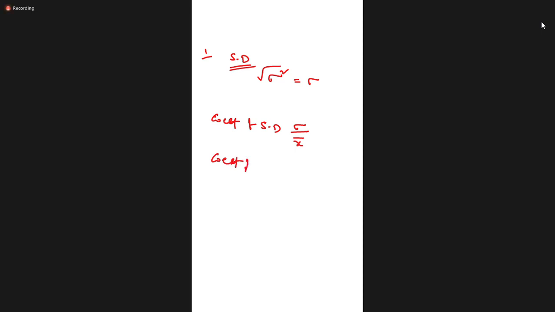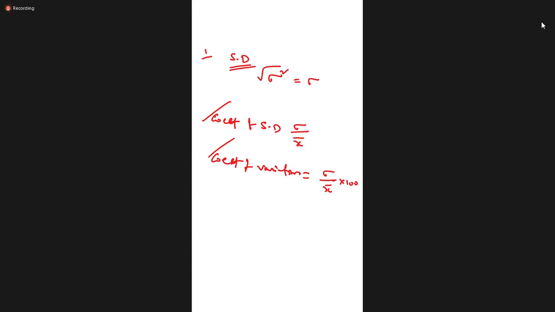Next one, coefficient of variation: sigma by x bar into 100. These 2 points come in the third exercise, 15.3 exercise.